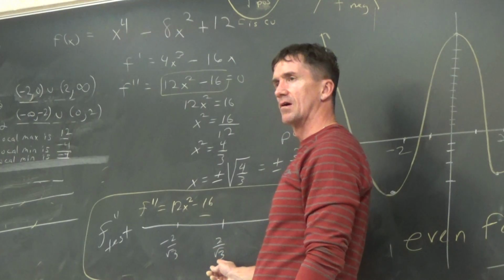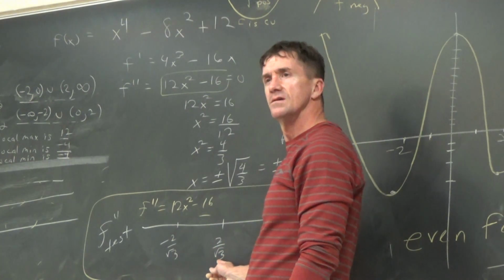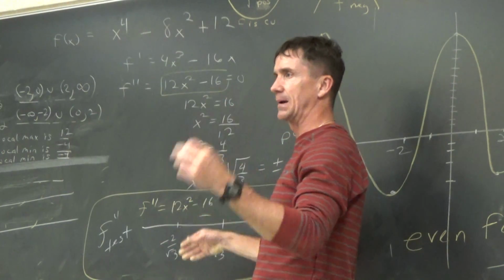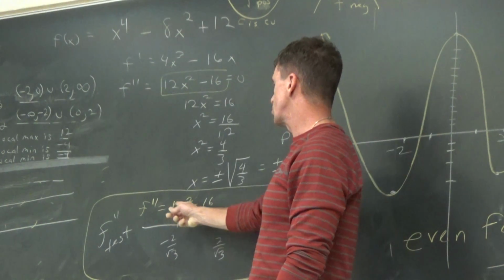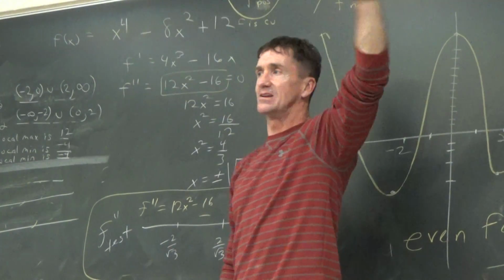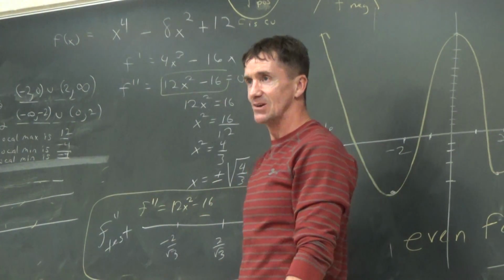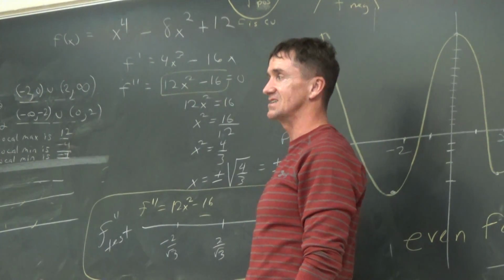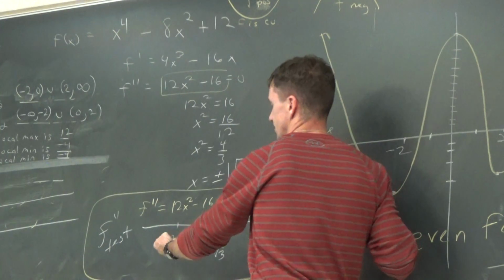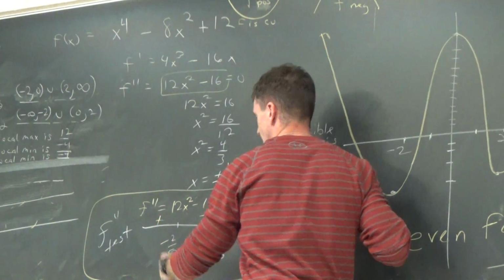That's a goofy looking number. You want to just use like 5? Or 10. Just pick a big number. 100. 12 times 100 squared minus 16 is positive. Sometimes it's okay to just pick 1,000. 12 times 1,000 squared minus 16 will be positive. Do you agree? That's positive too. It keeps alternating.